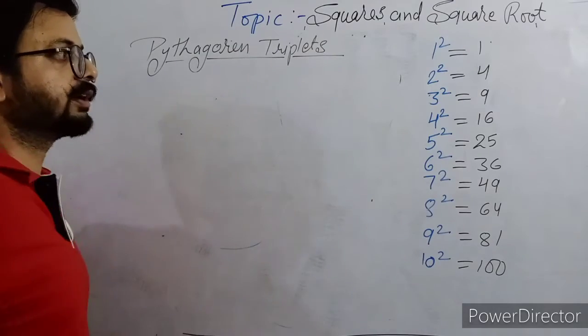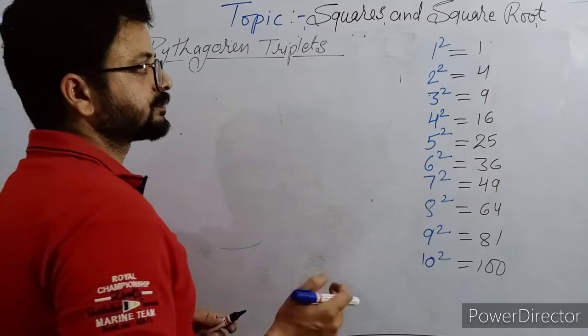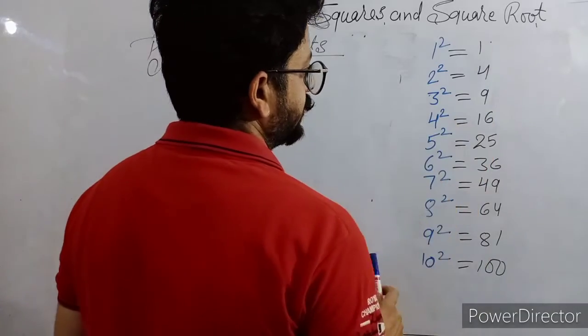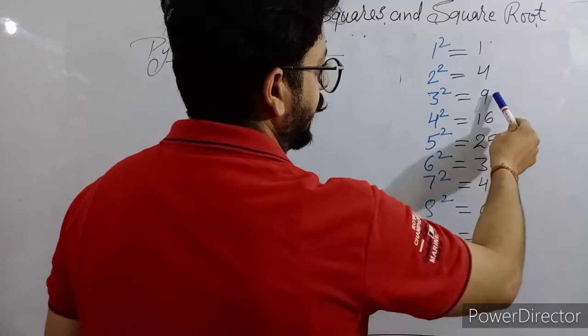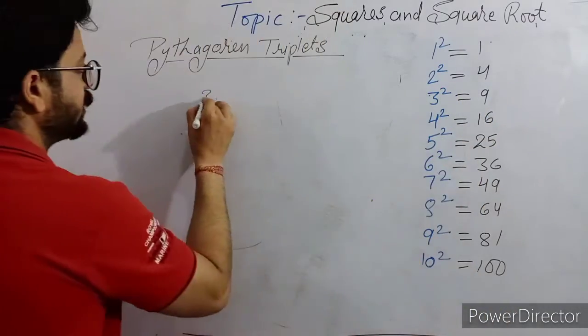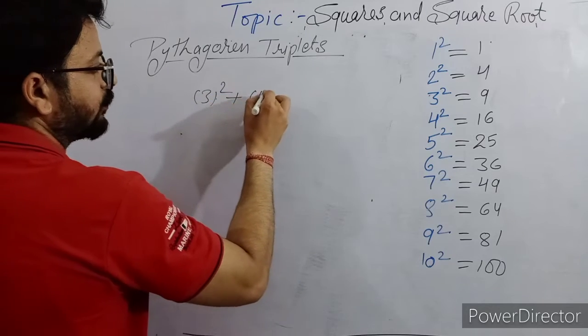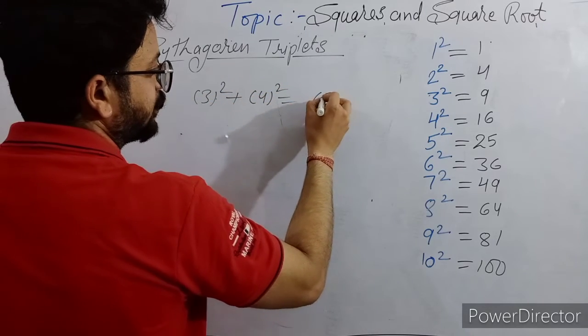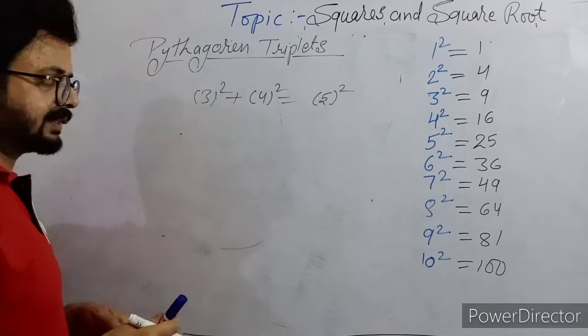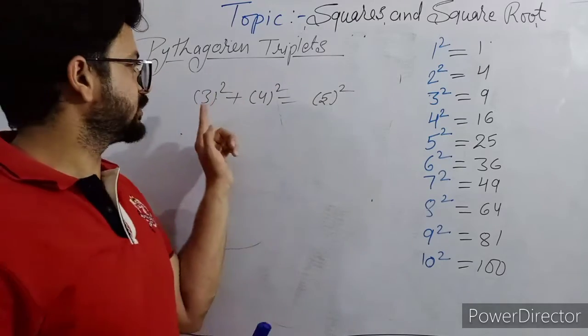Note down this definition. Suppose the square of 3 plus the square of 4, 9 plus 16, is equal to the square of 5. It is not necessary that they come consecutively like 3, 4, 5.